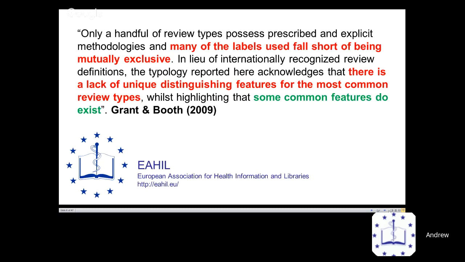And so two people could be using the same label, but be describing different methods. But the good news, highlighted in green, is that some common features do exist. So there are enough characteristics, similarities, to be able to identify factors that help us to choose review types.